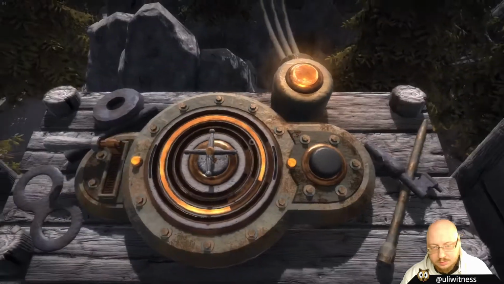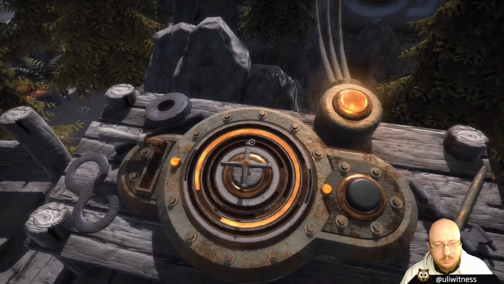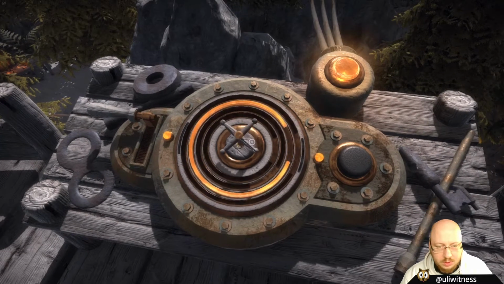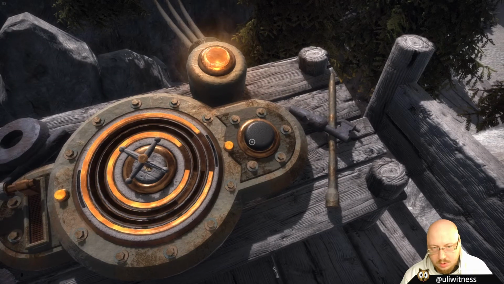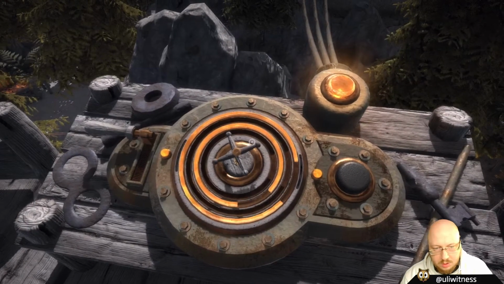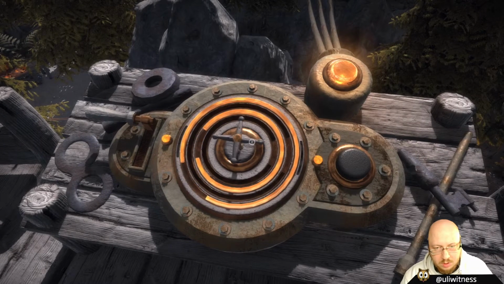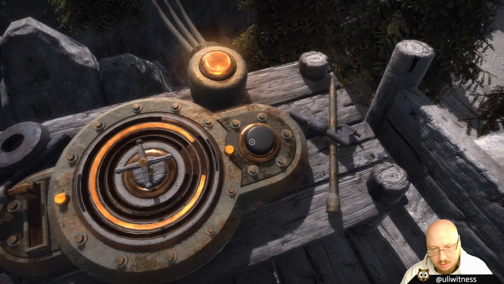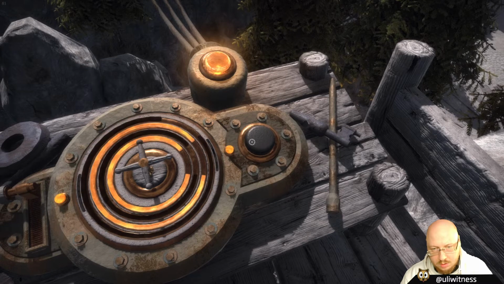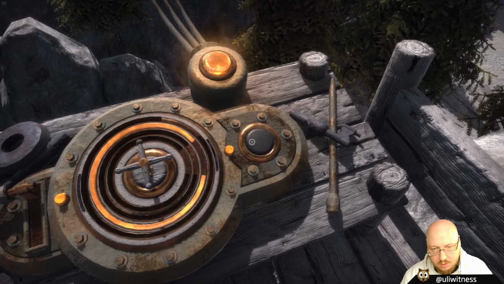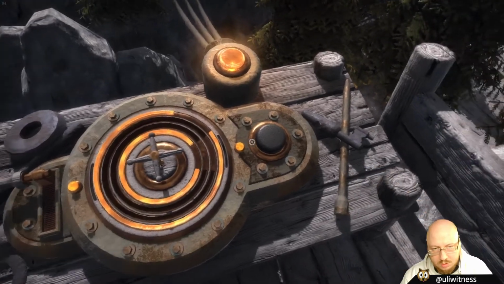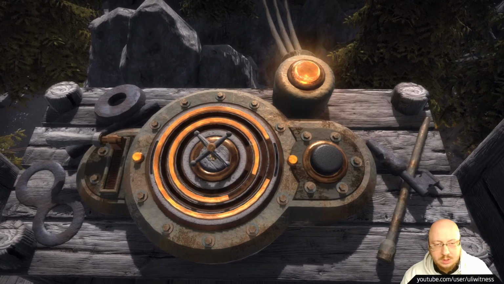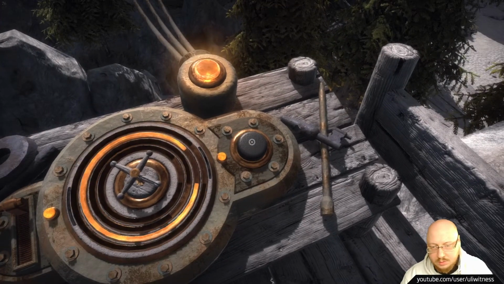So no, but one is still wrong. Yeah, this one we can use because that's the one we can rotate, right? No, it isn't.